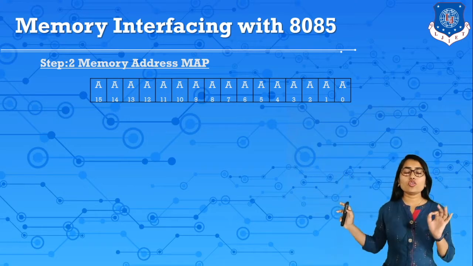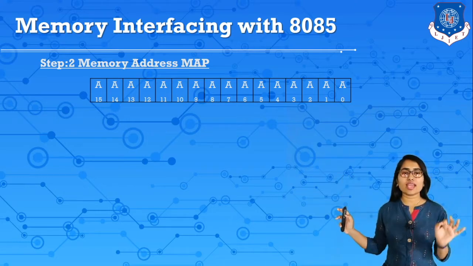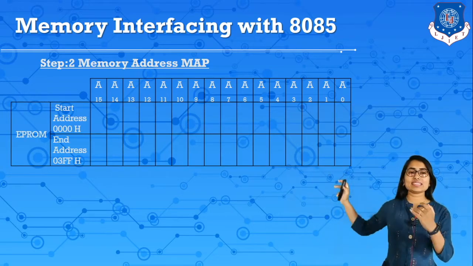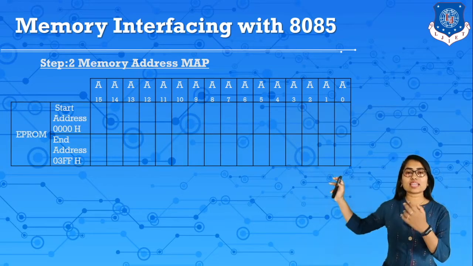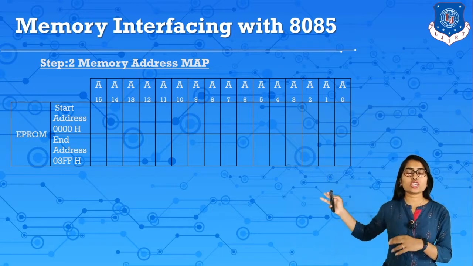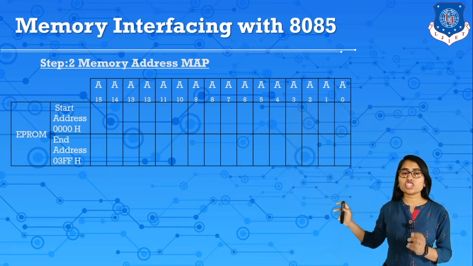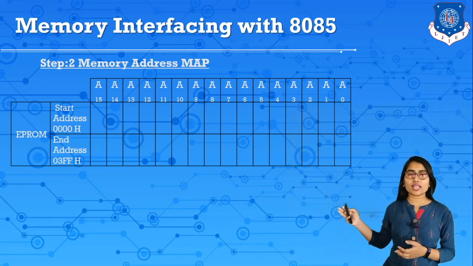Now first we have to define addresses for the EEPROM. So here we mark the EEPROM, with start address and end address. Here we have the starting address 000H, and we can calculate the ending address, that is 03FF. How do we calculate that?